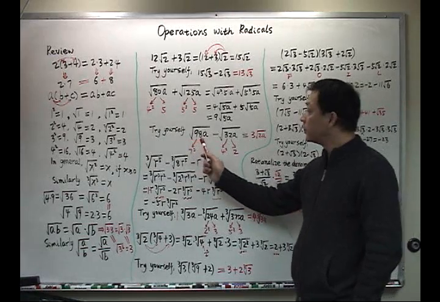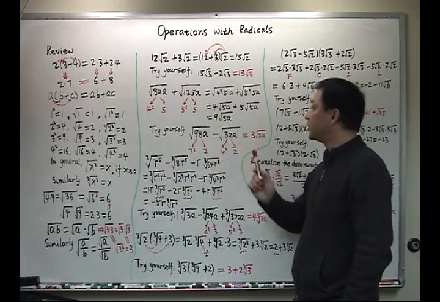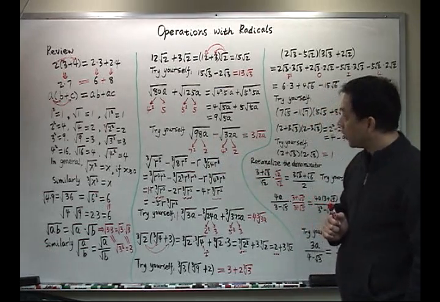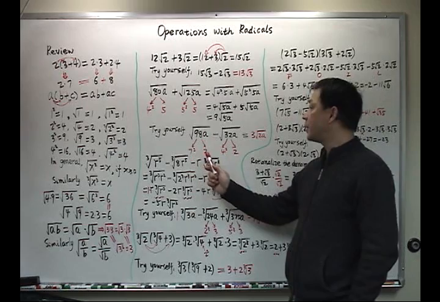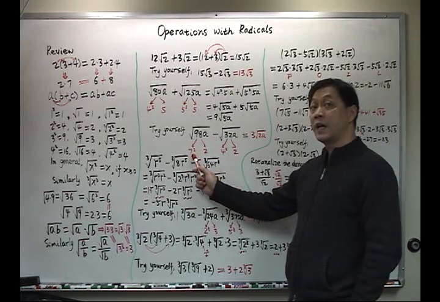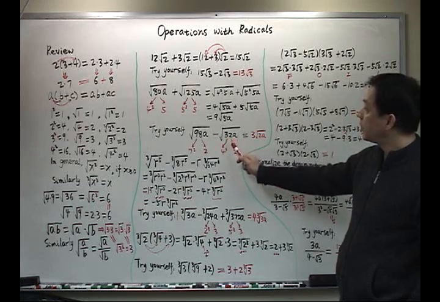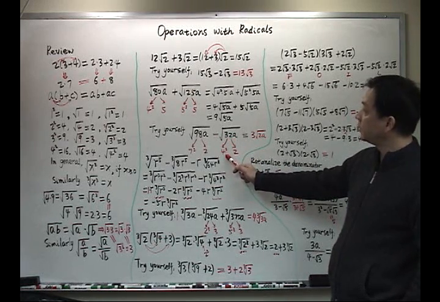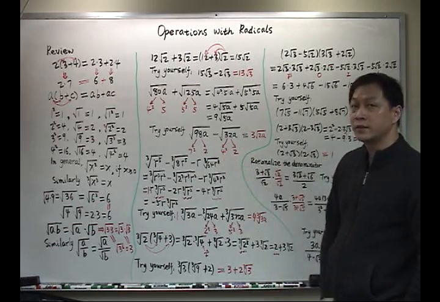Try radical 98a minus radical 32a yourself. You know, again, 98 can be written as 49 times 2, and 49 is 7 squared. 32 can be written as 16 times 2, and 16 is 4 squared.